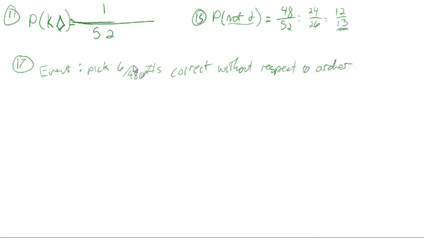So if the 6 numbers that are picked are 1, 2, 3, 4, 5, 6, any order that you get of those, 6, 5, 4, 3, 2, 1, would win too. 6, 3, 1, 2, 5, 4 would win as well. So it does not matter about the order. When we pick them, we just don't care about the order of them.